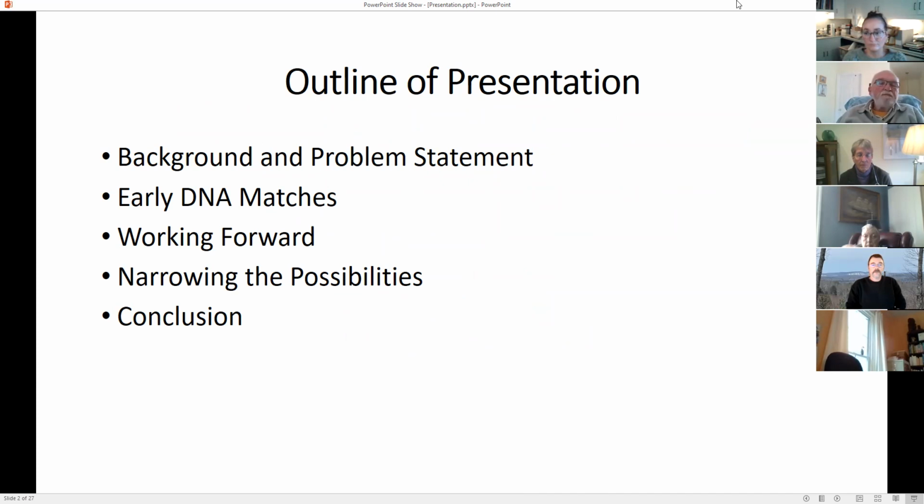This is the outline. First of all, we'll give you a background to the situation that I was researching and a formal problem statement, which the genealogists that I read about always say that in your research, you need to specify your problem statement. Then the early DNA matches that I've had once I had my DNA tested, that began to point toward being able to find this individual I was looking for.